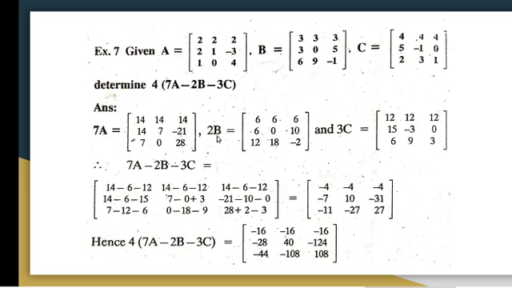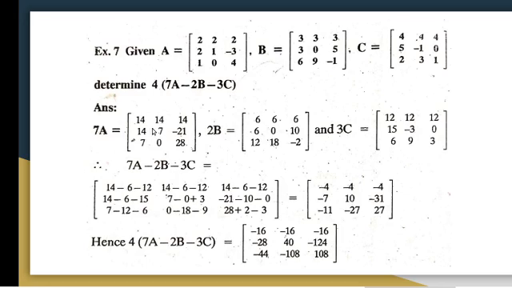Then we will get another matrix 2B by multiplying the matrix B with 2. Then another matrix is 3C obtained by multiplying the elements of C with the scalar quantity 3. Then what you have to do, you have to find 7A minus 2B minus 3C. So for that you have to subtract the corresponding elements of the three matrices. 14 minus 6 minus 12, that will be the first element of the matrix.